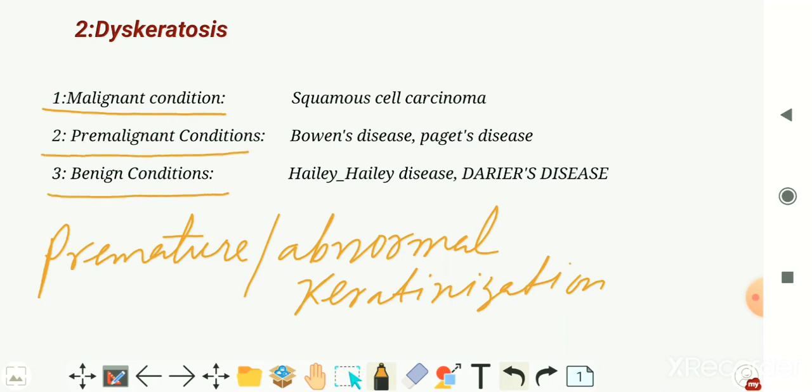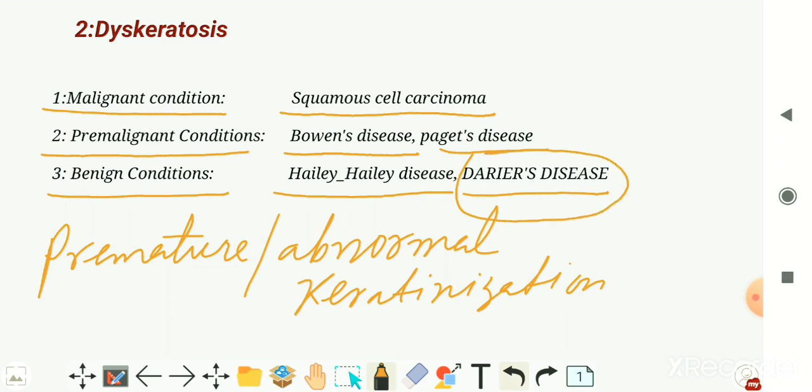The example for malignant conditions is squamous cell carcinoma, for pre-malignant conditions, Bowen's disease and Paget's disease, and for benign conditions, Hailey-Hailey disease and Darier's disease. Remember that Darier's disease is the most important example for dyskeratosis.